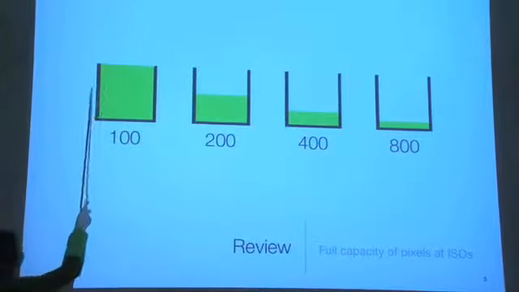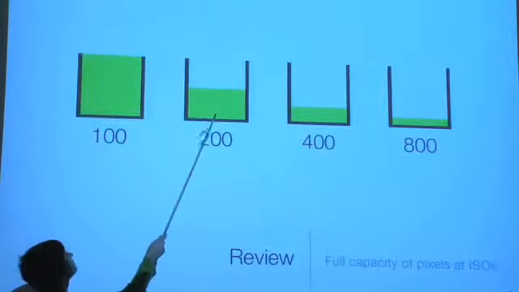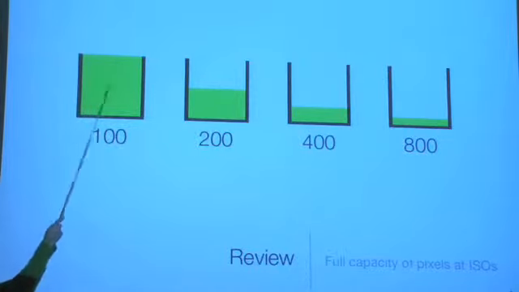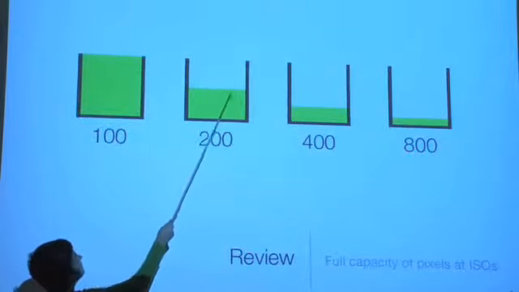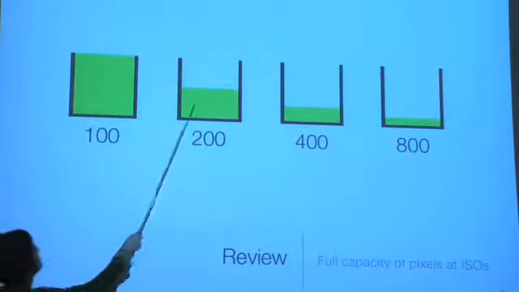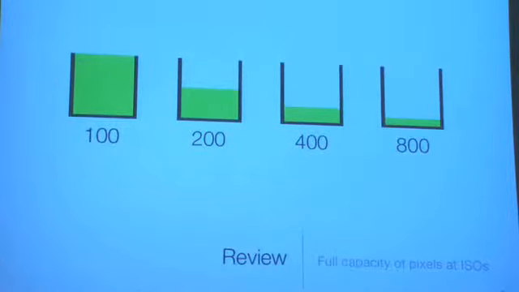So whereas before in ISO 100 we're able to fill up this bucket completely, in ISO 200 what was previously something that was only about this bright will now be multiplied by 2, so it will appear to be white. So only having this bucket, this is now the entirety of the range within our dynamic range, and what is possible to capture within the dynamic range for that particular ISO.